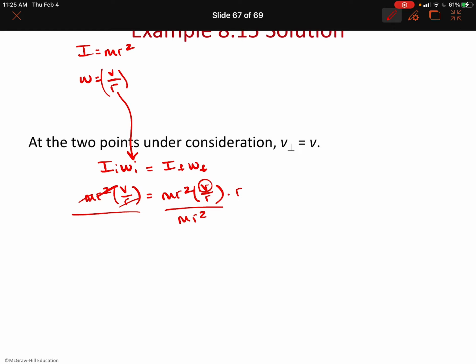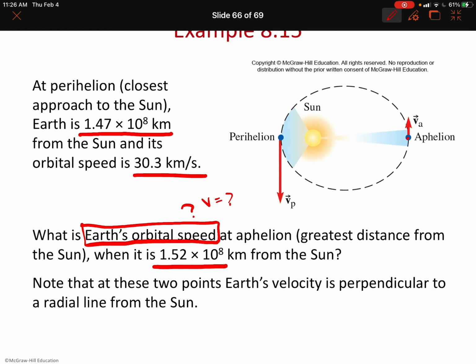So you've got your mass times the radius here. Yeah, that one's being multiplied over, dividing by mr squared, but the radius changes, remember, because you go from 1.47 to 1.52.